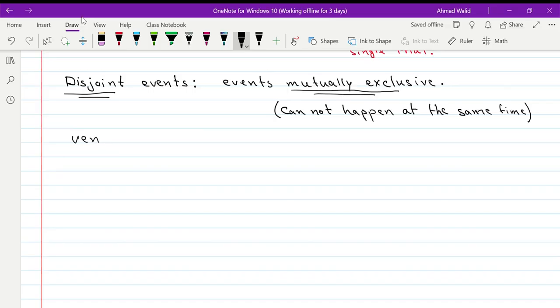Venn, I think it has a double N. Venn diagram.